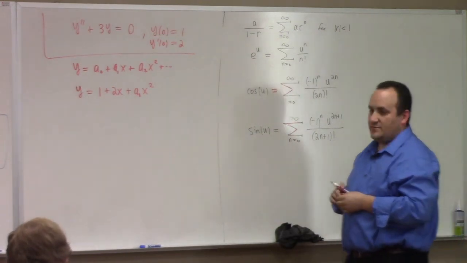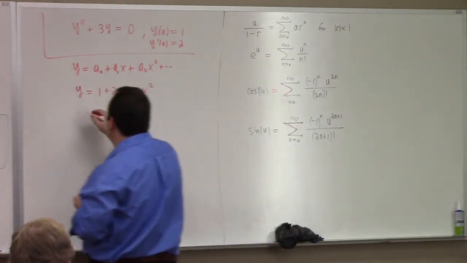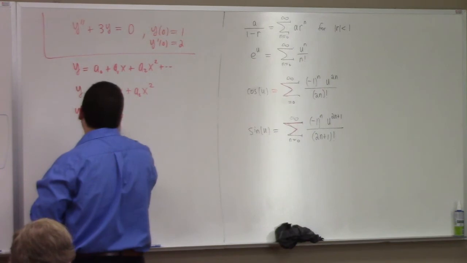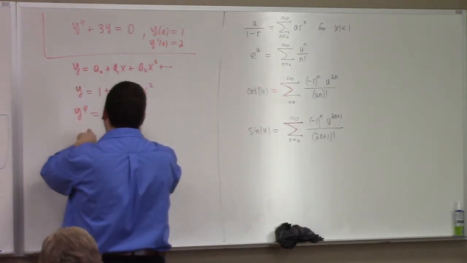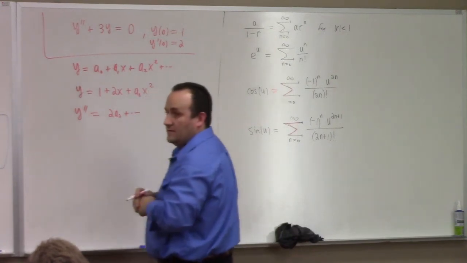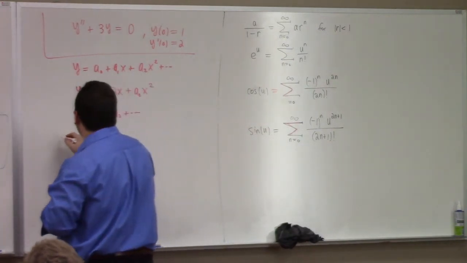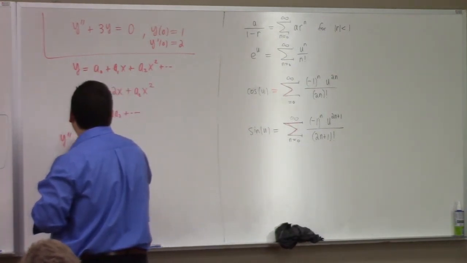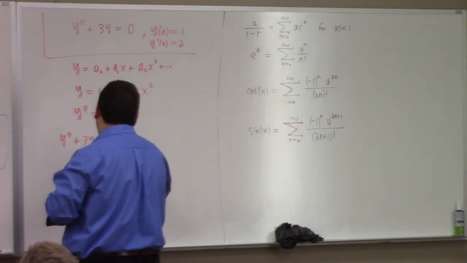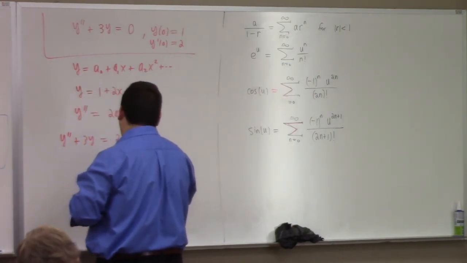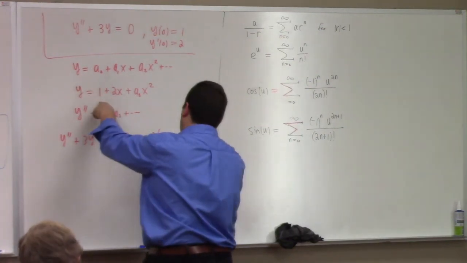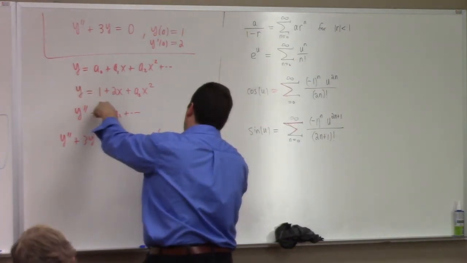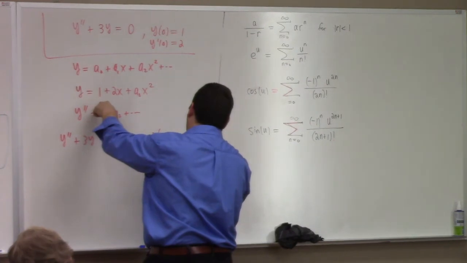Now to find that a sub 2, I'm going to have to work a little bit. I'm going to have to differentiate 2 times. These are gone. This is becoming 2a2 plus stuff I don't know. And then I've got y prime prime plus 3y. Well, that's 2a2 plus stuff I don't care about plus 3 times y. But what was y? y was 1 plus 2x plus a2 x squared.